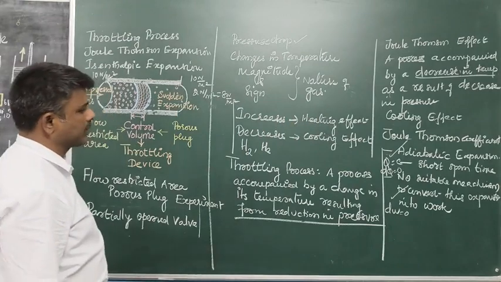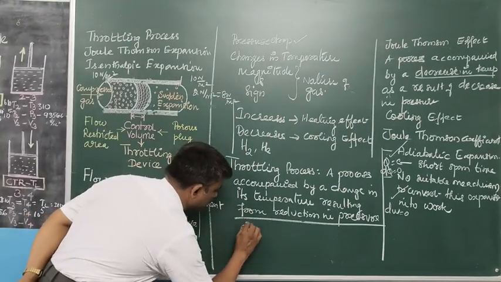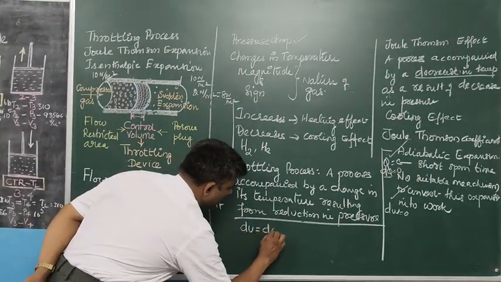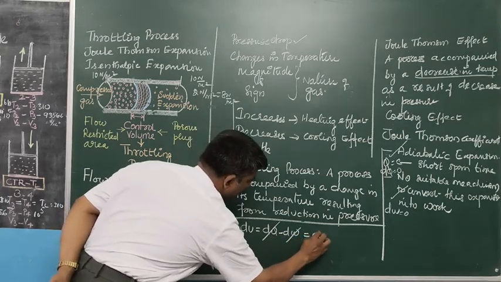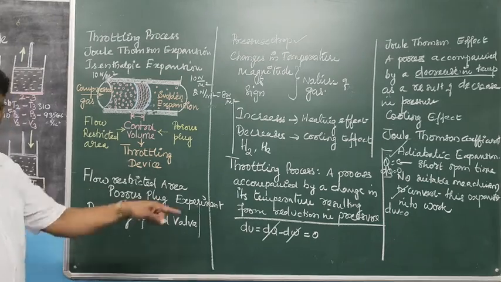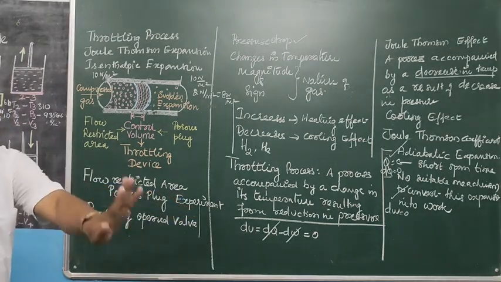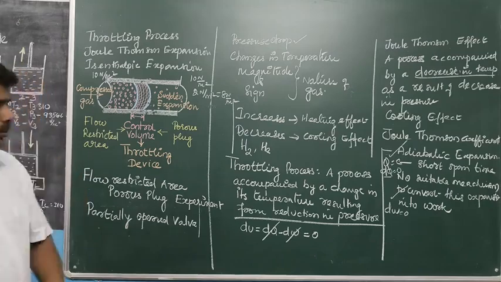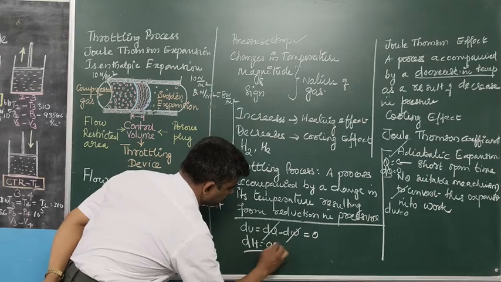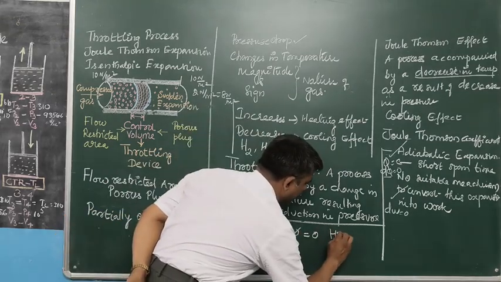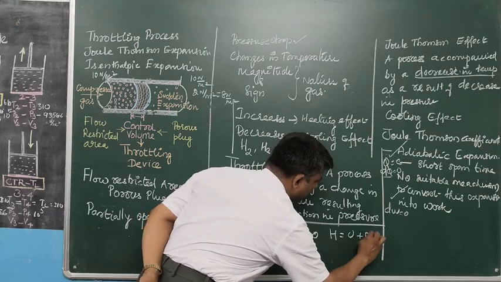First law of thermodynamics says that changes in internal energy is equal to dQ minus dW. Both terms get cancelled, so dU is equal to 0. If dU is equal to 0, change in enthalpy is also 0. How? Definition for enthalpy, H is equal to U plus PV.